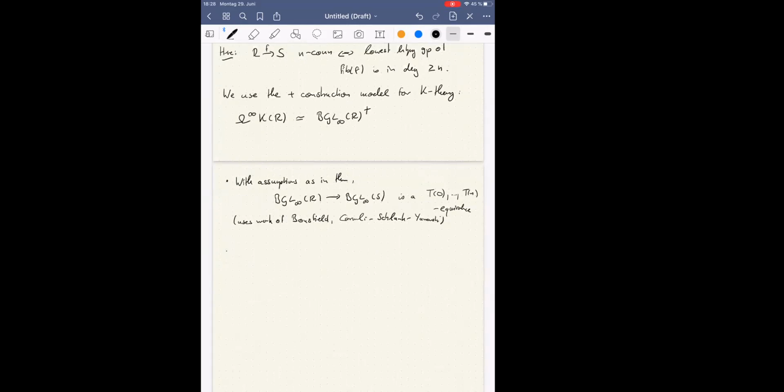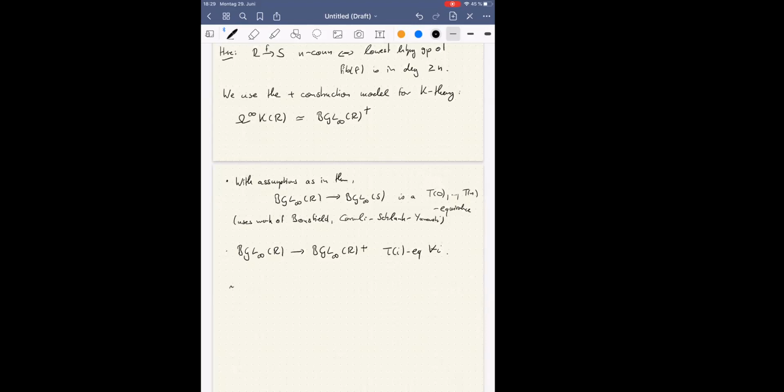Then there's the easy part, namely, if you apply the plus construction, this is a Ti equivalence for all i. Why is this? Because the map into the plus construction is an equivalence in all homology theories, regardless of what homology theory you take.